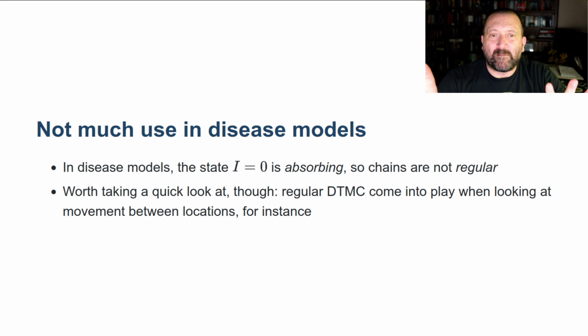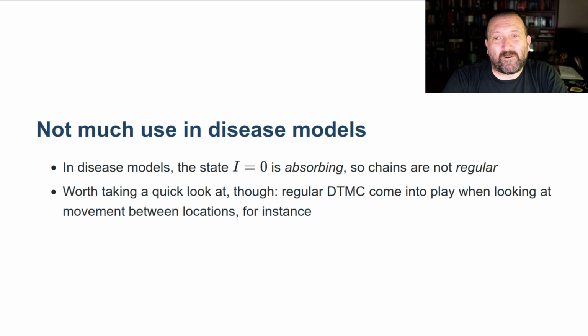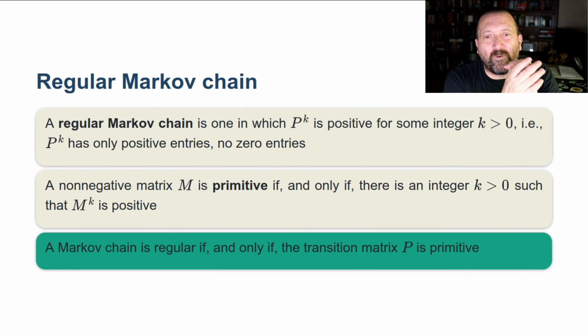That would not be absorbing, typically. And so in that case, you might have a regular Markov chain. So understanding what happens to those chains is not something that is superfluous. So what's a regular Markov chain?